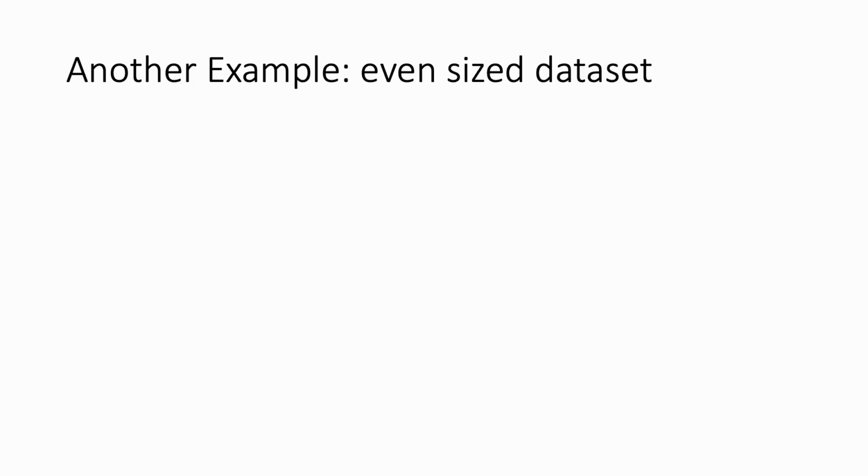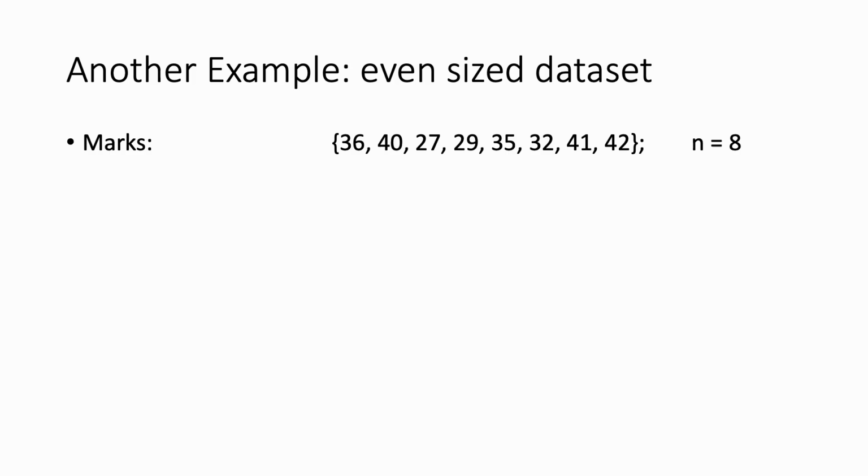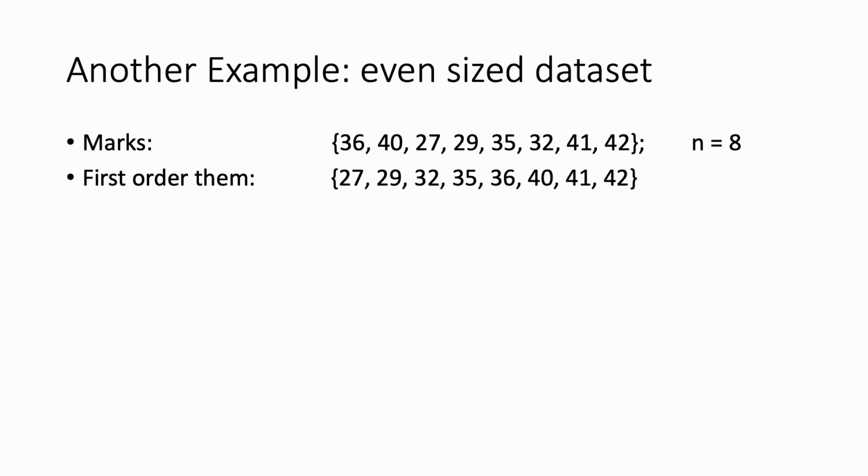Here's another even size data set. So the total number of data points equals 8. First of all, we order it as before. Remember, we must order the data before we compute the median value. Then we work out the median position by substituting n equals 8. And it turns out that the formula spits out a fractional value, which is 4.5.